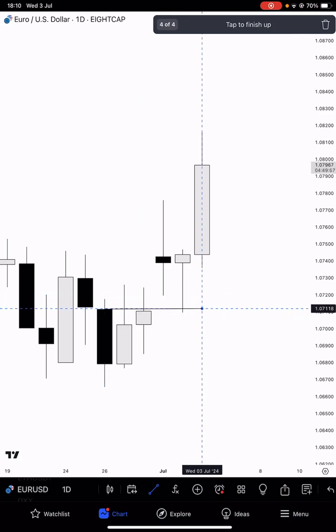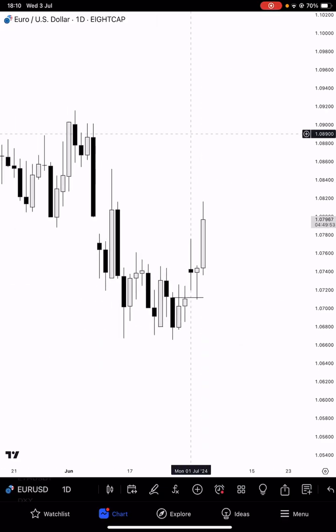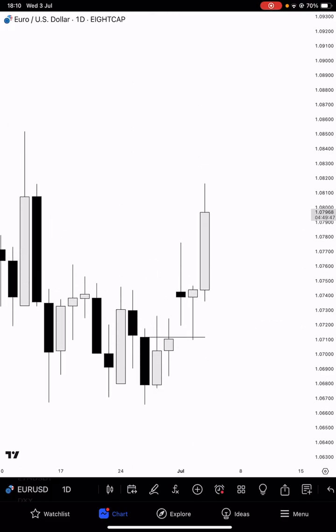I'm not saying we are going to target this high or this, but this is a true breakout of this range. So vacuum block, pretty rare, but it's another block with a gap in front.